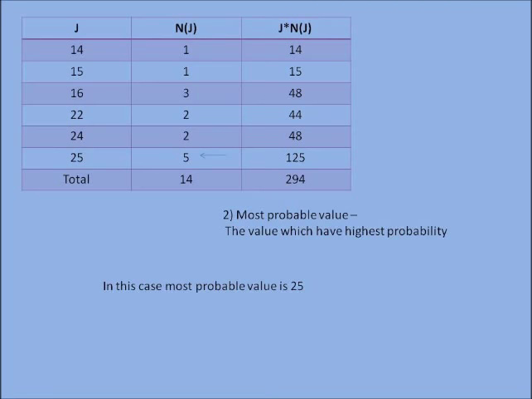So if I have to find number of photons in a particular state, the most probable value is 25 because there are 5 states in which I can get 25. So the probability of finding 25 photons is larger. So this is the most probable value of the distribution.